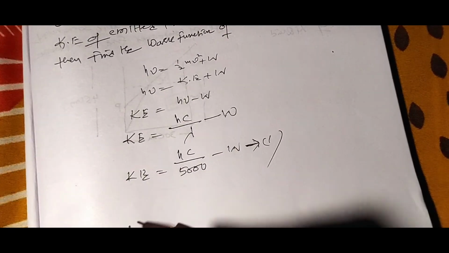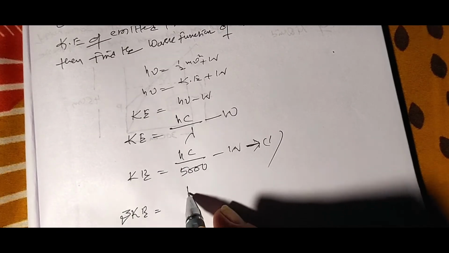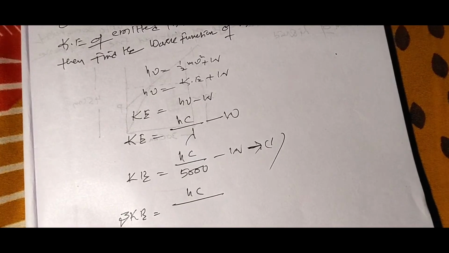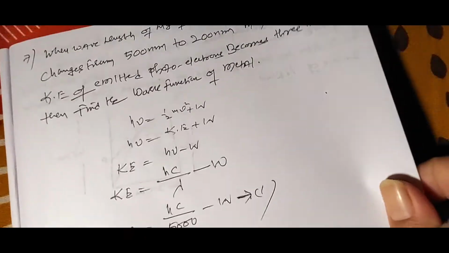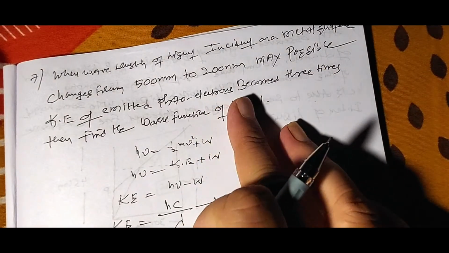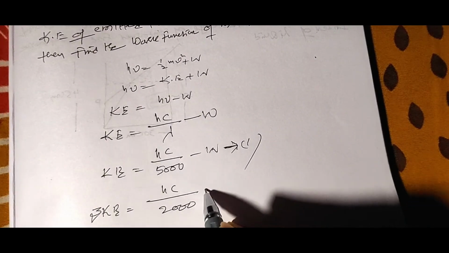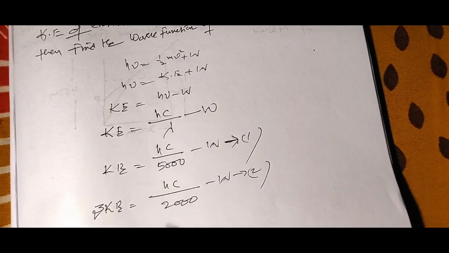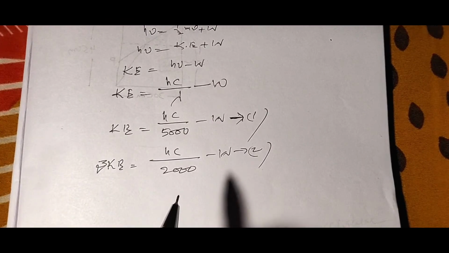Now 3 times the initial kinetic energy is equal to hc by 2000 angstroms minus W, since the wavelength changes from 500 nanometers to 200 nanometers. This is equation 2, where the kinetic energy becomes 3 times the initial kinetic energy.